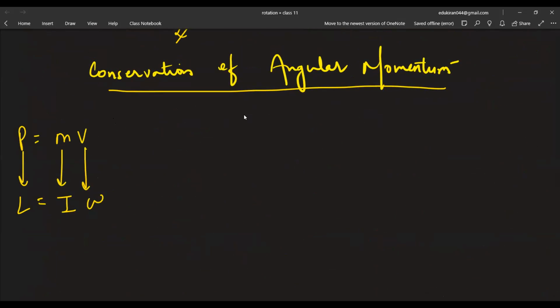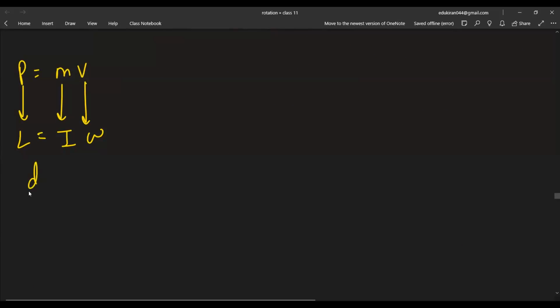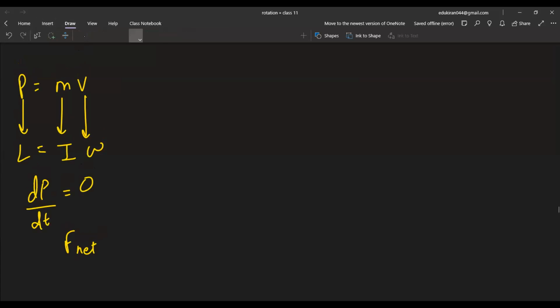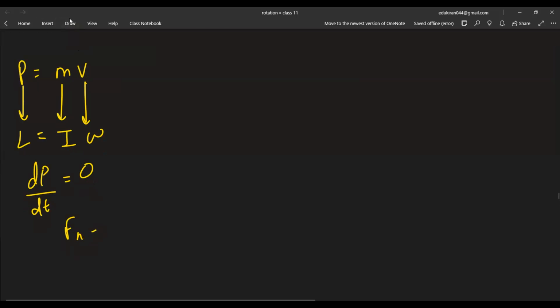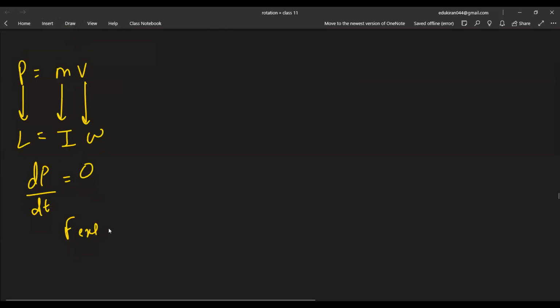So here, L is angular momentum, mass is replaced by moment of inertia, and v by angular velocity. So class, the way you remember this, we have discussed that when the rate of change of linear momentum is 0, F net, or F external, it's better term to use, is 0.